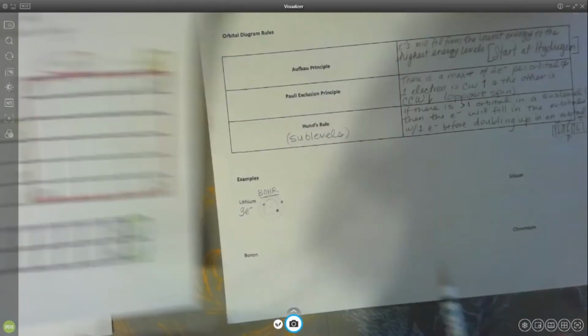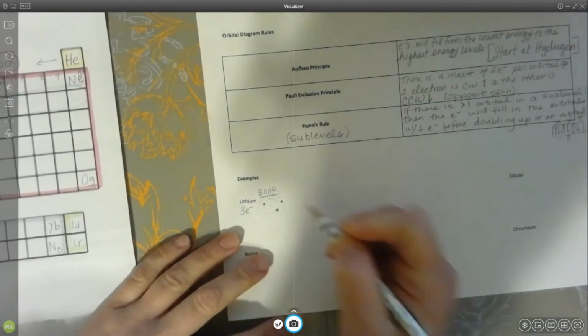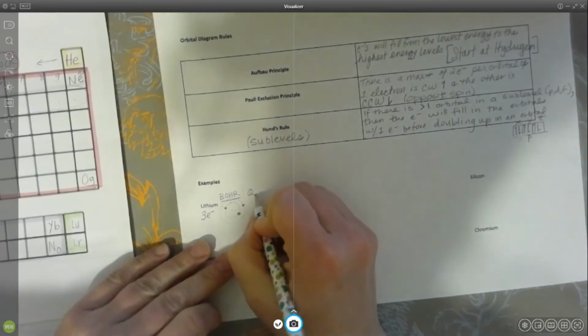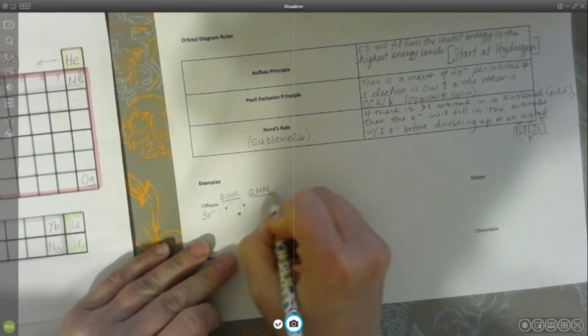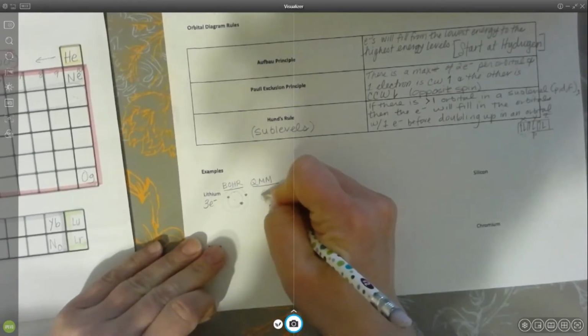So Bohr's model does fit really nicely with the quantum mechanical model, but it doesn't have the three-dimensionality. For the quantum mechanical model, we would have had to make something like this: nucleus in the center, then we would have had to draw a wonderful sphere here.